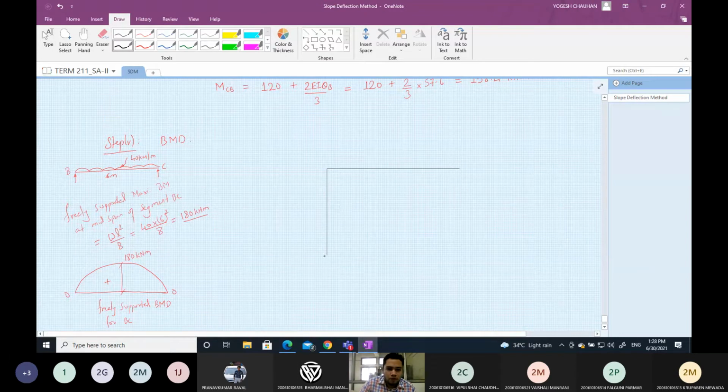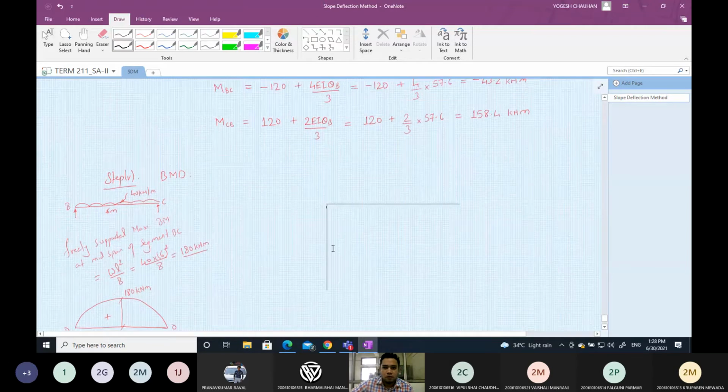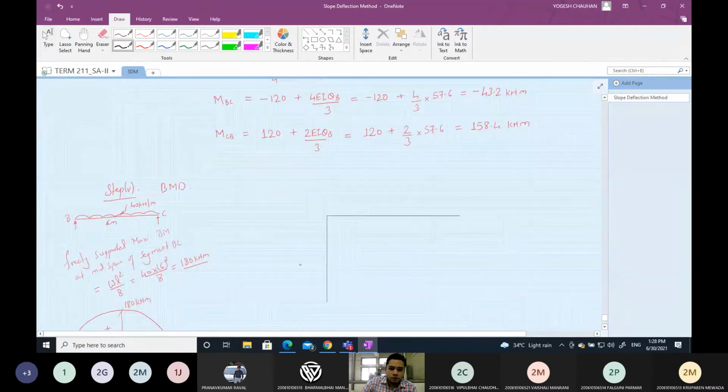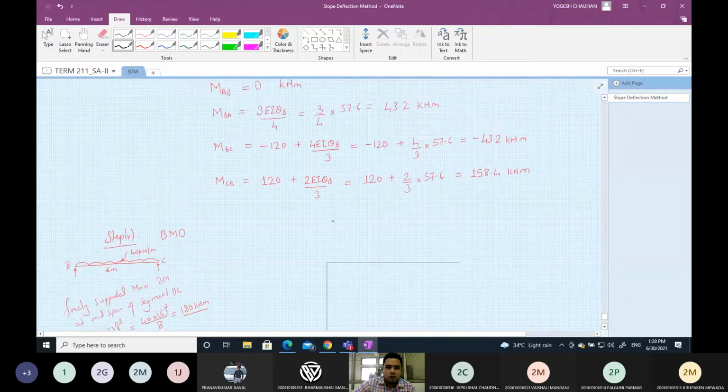The bending moment at A is 0, so it is 0 here. At B it is 43.2 clockwise, so it is clockwise here, 43.2.